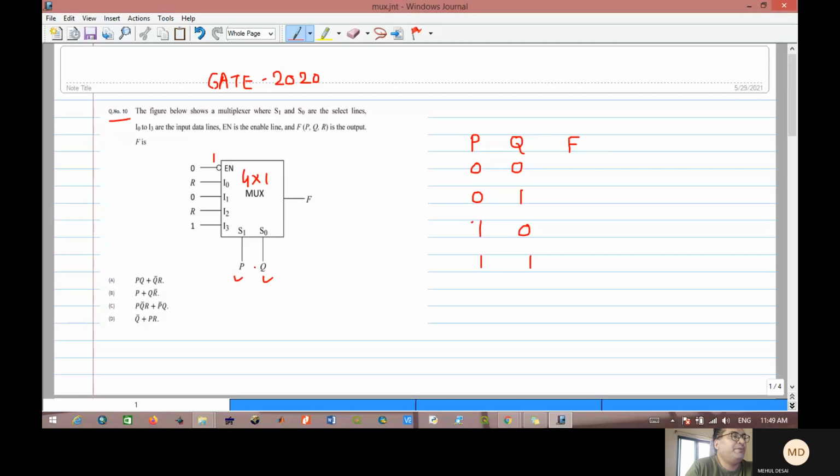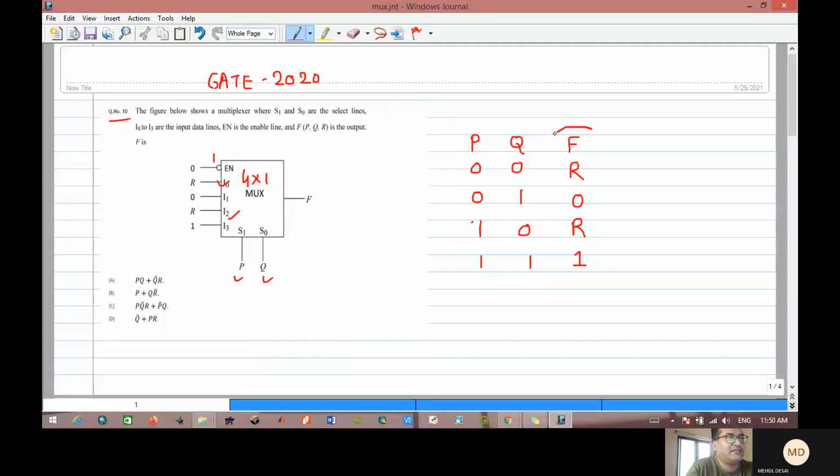So when P and Q are 0 0, then I0 is selected, and its value is R. For 0 1, I1 is selected, but its value is 0. For 1 0, I2 is selected, its value is R, and for 1 1, I3 is selected.